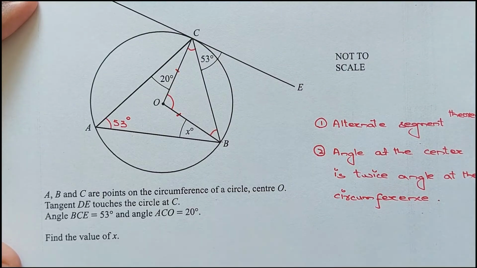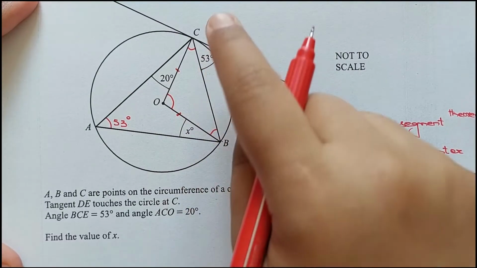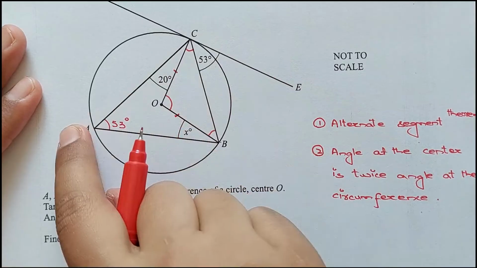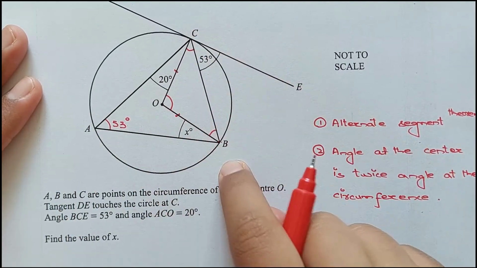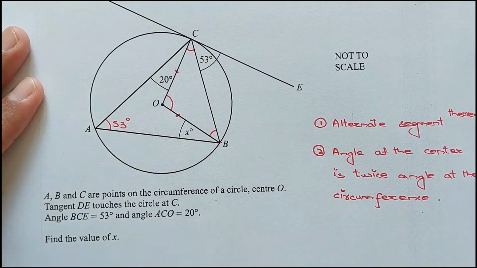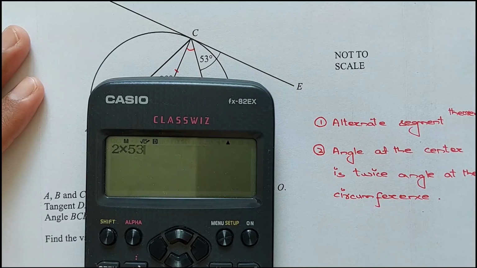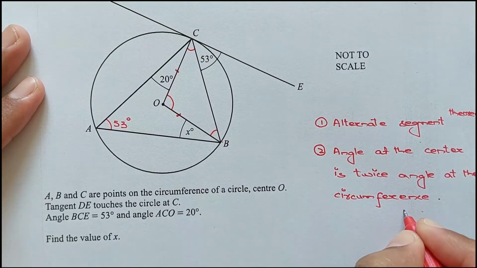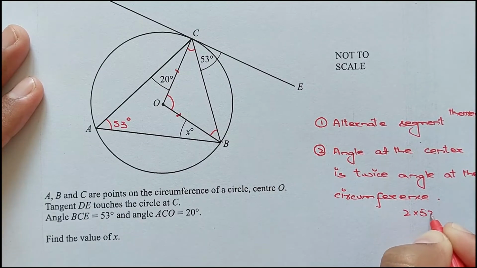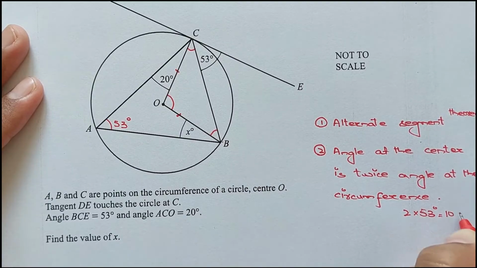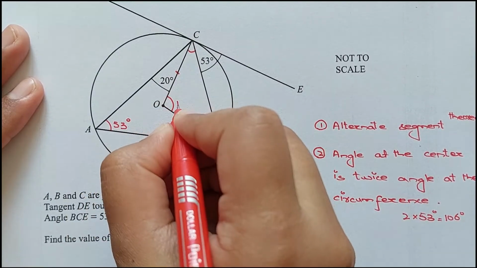This is the main reason. So they are subtended by the same arc, CAB, COB. So this is twice. So twice of 53. 2 times 53 is 106. This is 106.